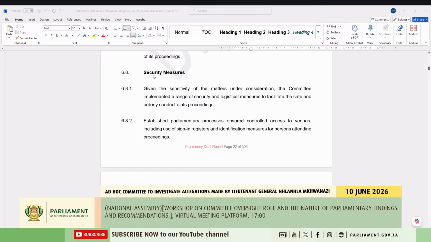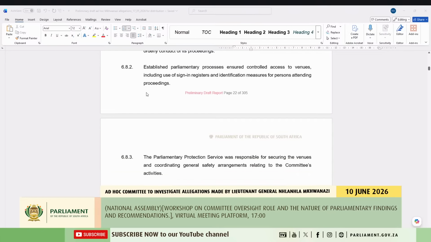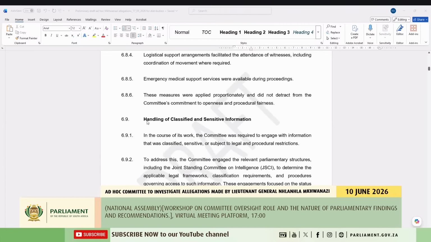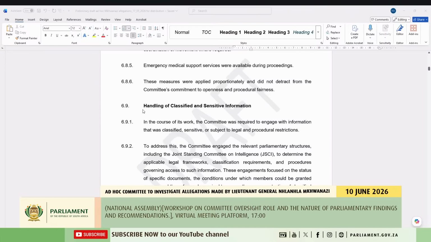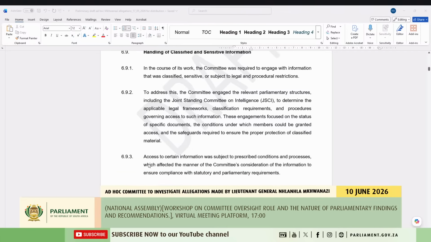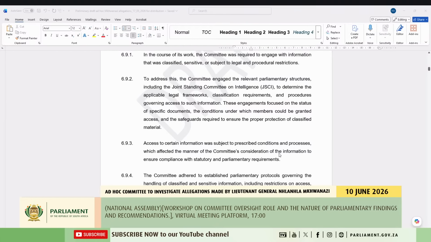It's a short section detailing the security measures that were implemented during the duration of the ad hoc committee. Section 6.9 deals with the handling of classified and sensitive information, and really centers on the Joint Standing Committee on Intelligence and access to information, and that it prescribed the conditions and procedures.